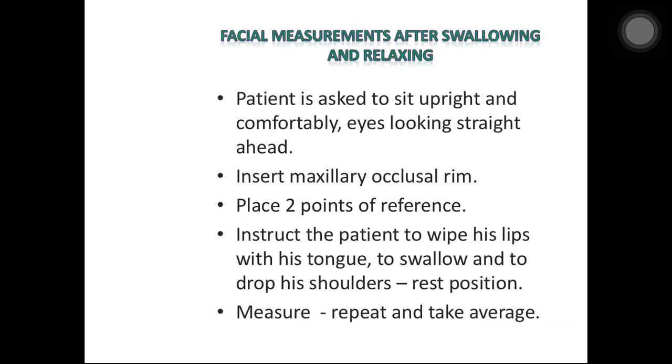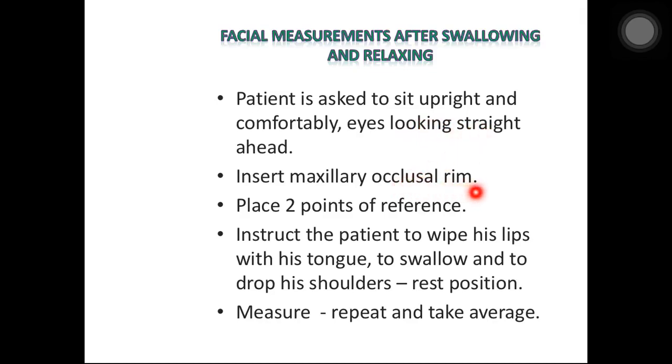So basically, the physiological rest position is a concept in which the patient is asked to sit upright and comfortable, eyes looking straight ahead. Then the patient is asked to swallow and relax his or her jaws. How this proceeds is that the patient is asked to sit upright without back support in a comfortable setting with eyes looking straight ahead.